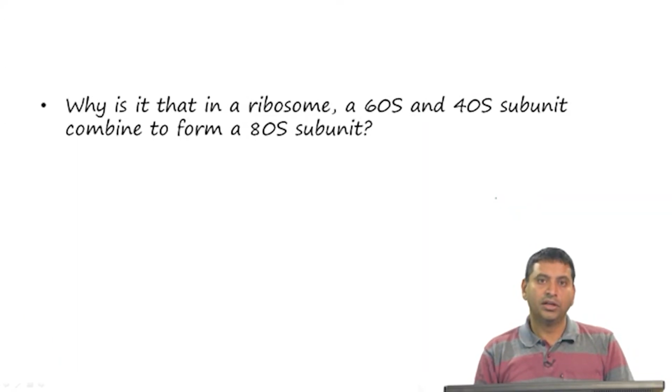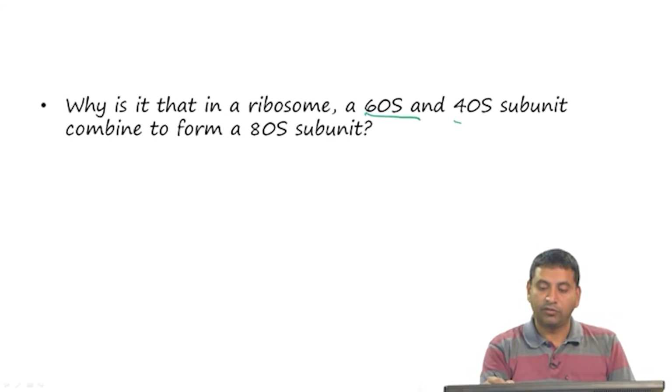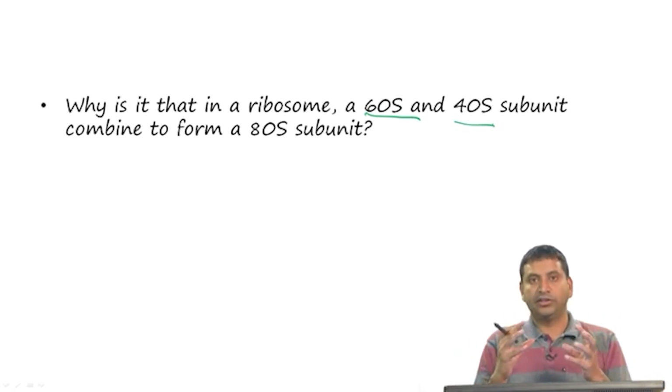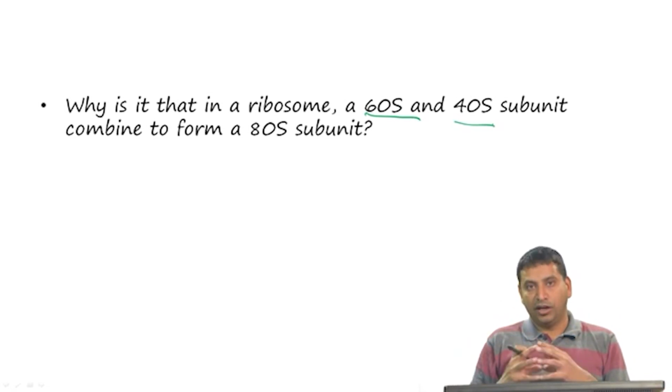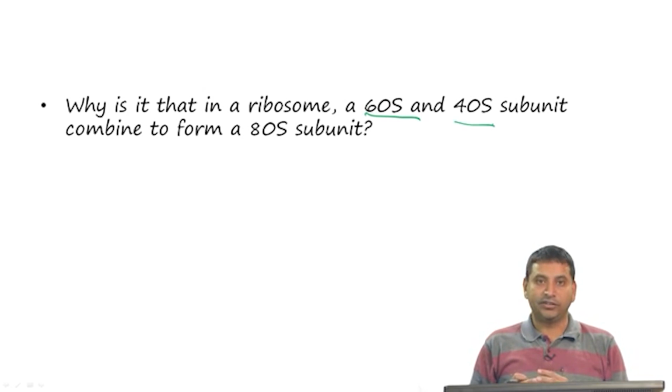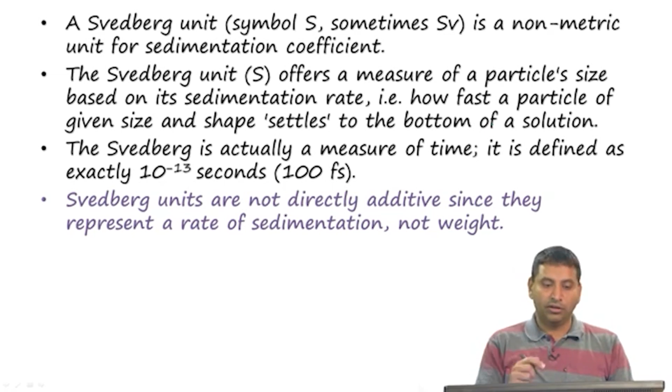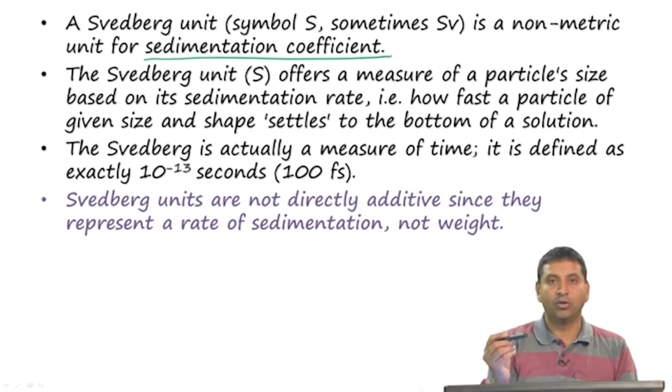The next question is, why is it that in a ribosome a 60S subunit and a 40S subunit combine to form an 80S subunit? That means, if I combine a 60S and a 40S, I should get a 100S, but I actually get 80S. The answer to this is that the S stands for Svedberg. The Svedberg unit is a non-metric unit which is known as a sedimentation coefficient.